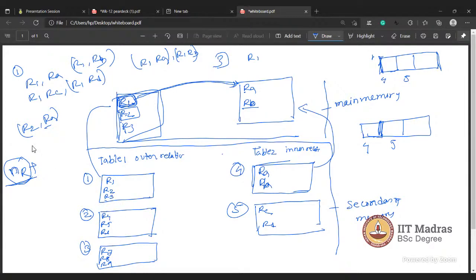Yes, sir. So then blocks of R. So the total is NR plus BR, the number of seeks.